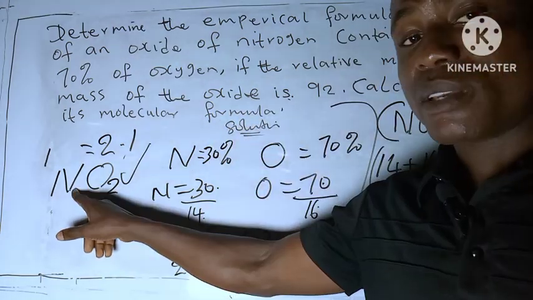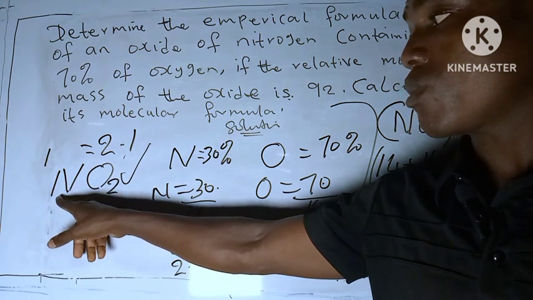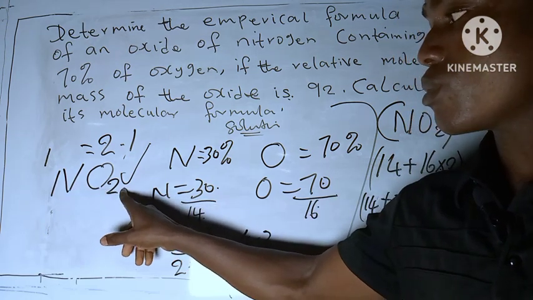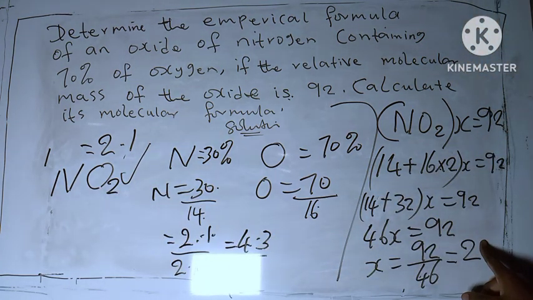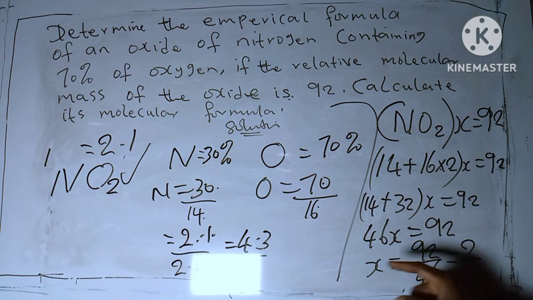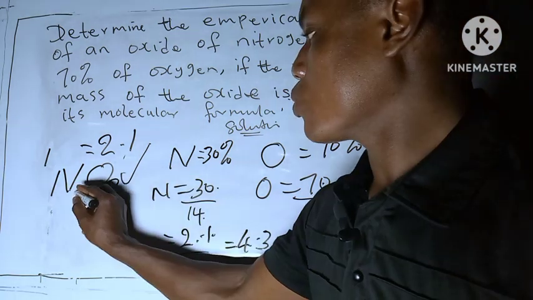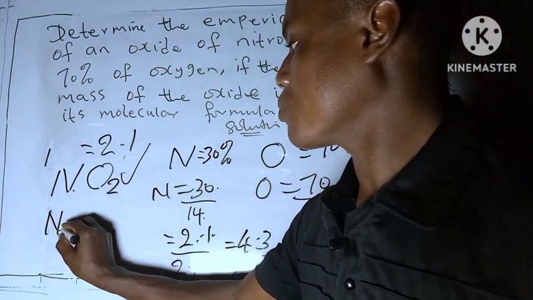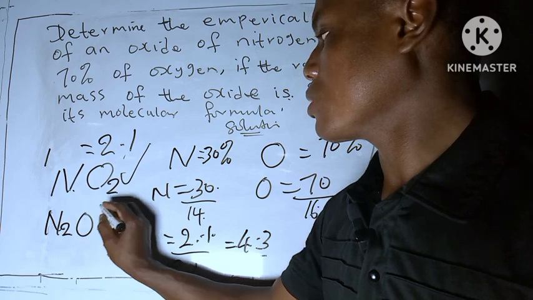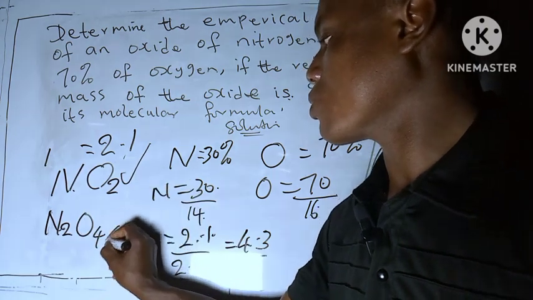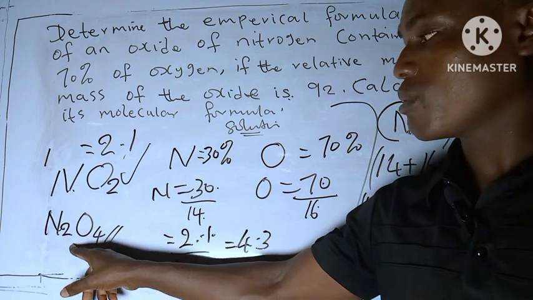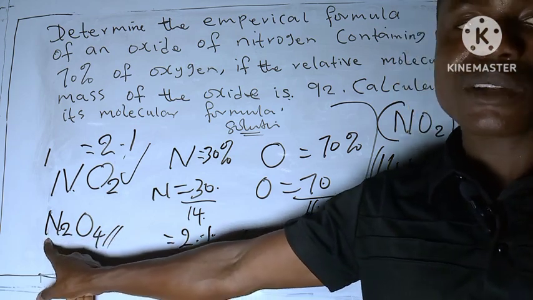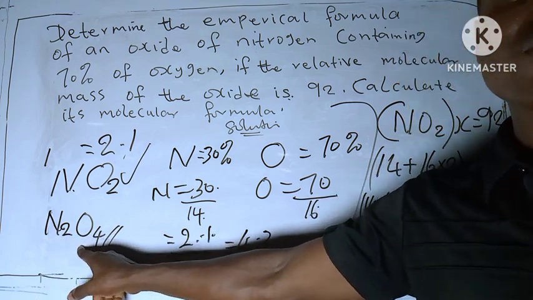We have one here, meaning one atom of nitrogen, and here is two, meaning two atoms of oxygen. Here we calculated x, which is 2. So let's use this 2 to multiply everything here. So 2 times 1 will give us 2. Oxygen, 2 times 2 will give us 4. So this is the molecular formula, N2O4. So meaning we have 2 atoms of nitrogen now and 4 atoms of oxygen.